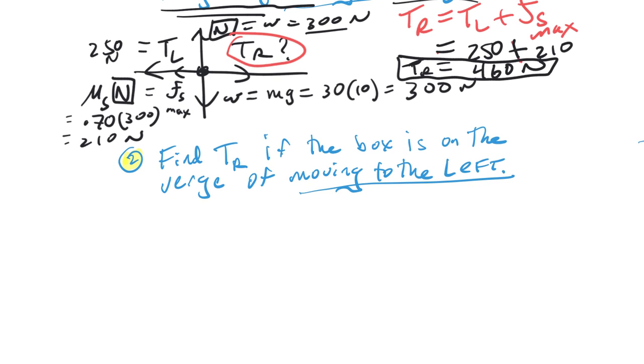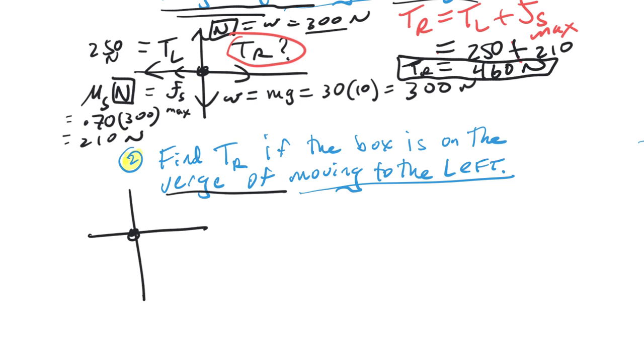Okay. This next question is the same kind of thing. But let's say the box is on the verge of moving to the left, but it's at rest still. So it's not moving to the left, it's on the verge of moving to the left.